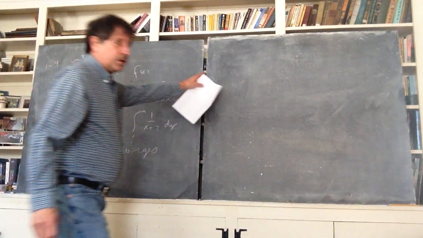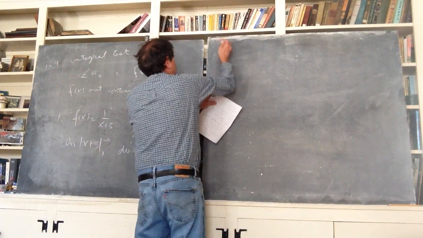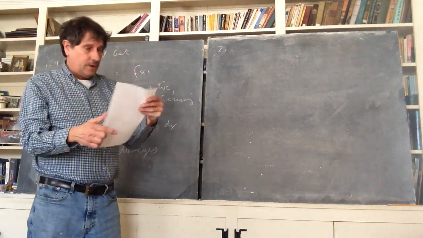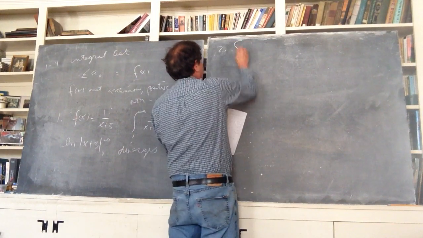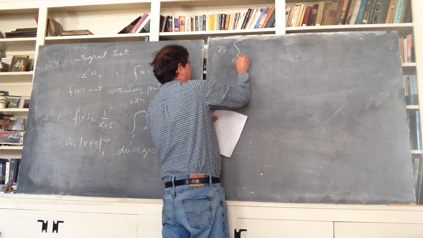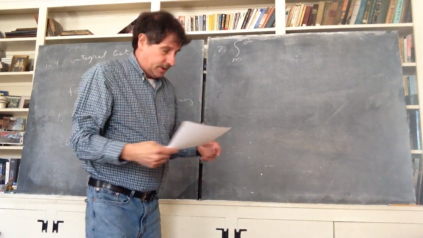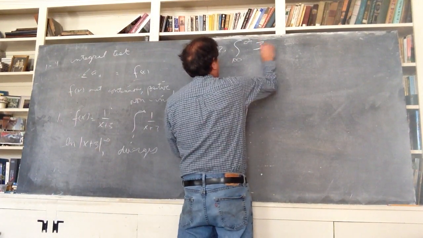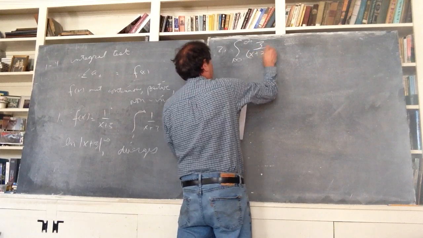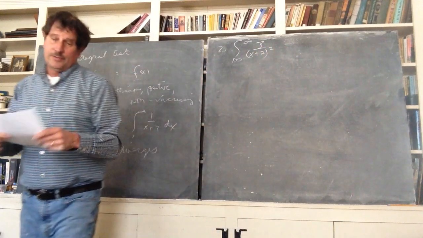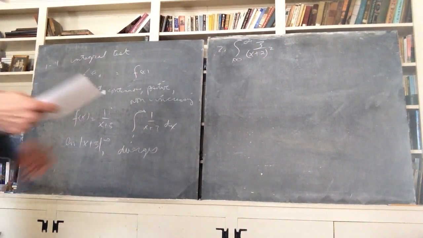Let's do number 2 over here, and 3 and 4 will not take long. Number 2 is a convergent one, and why we start here from 100, I don't know. It wouldn't matter, just to make a point, I guess. 3 over x plus 2 squared, and that's what we're going to integrate, because that's the series that we're trying to test.